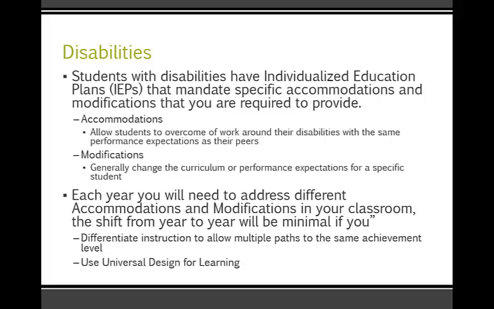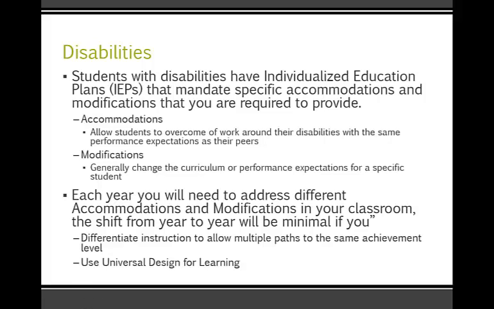Everybody will take part at some point in revising an IEP or helping to identify what should be in an IEP. But for the purpose of today, we're just going to assume that we're talking about the students that have already come to our class, they're in our class, they have those IEPs, and they mandate accommodations and modifications that we have to provide. So I want to make sure we define accommodation and modification.